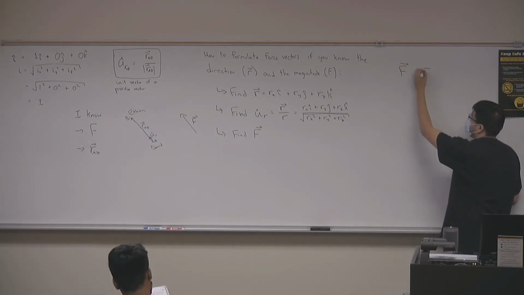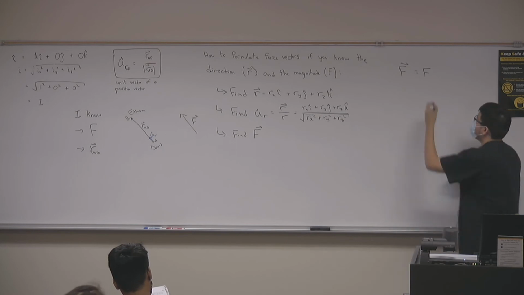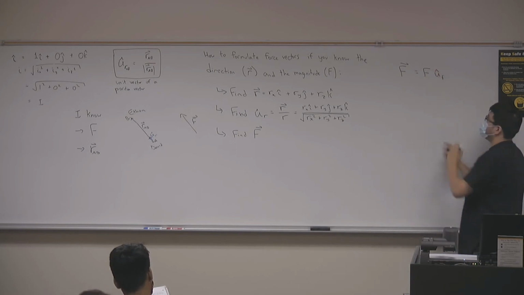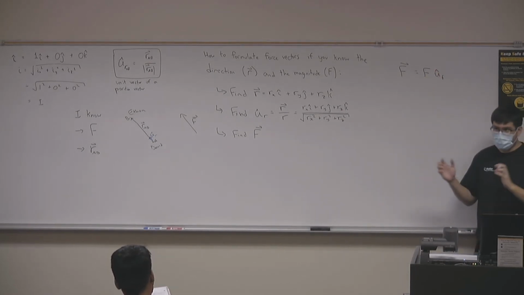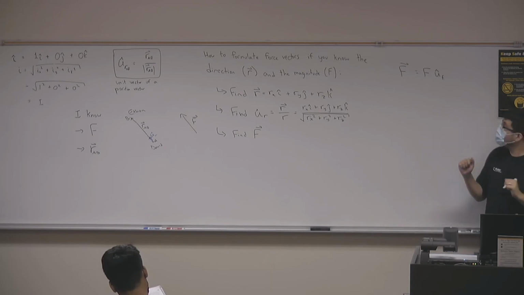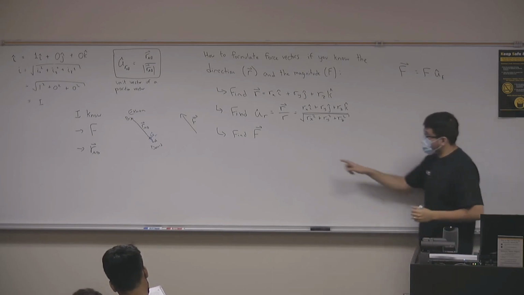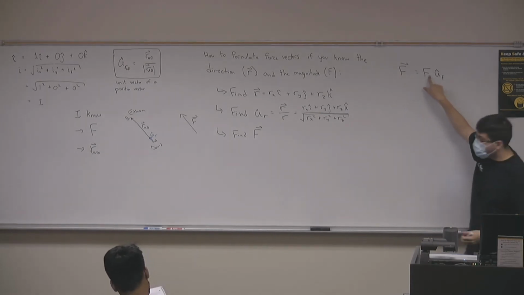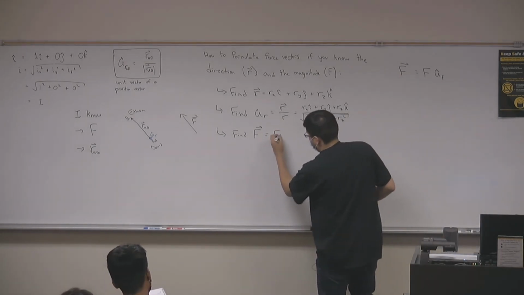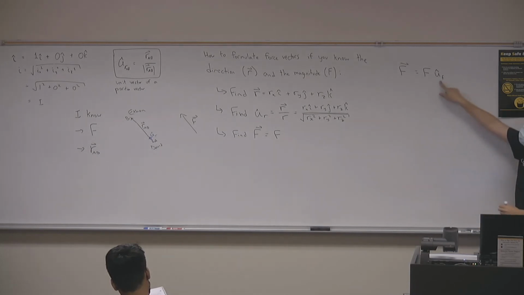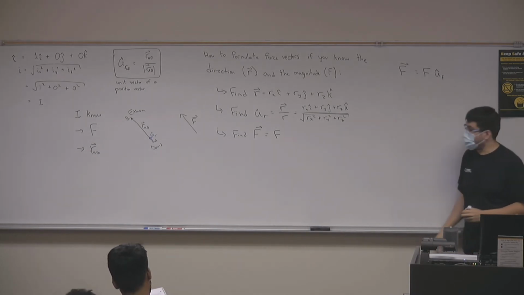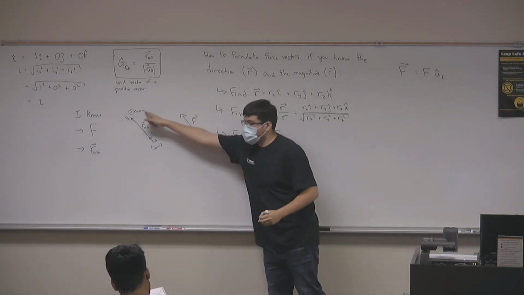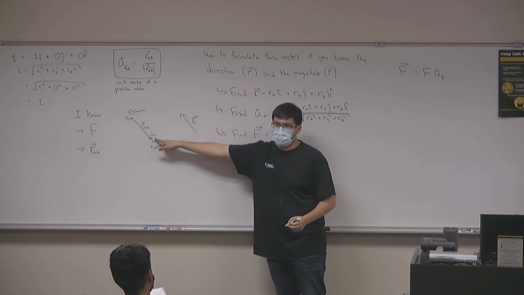Product of a magnitude times a unit vector in the direction of your vector. So I can express my force as the product of a magnitude, that's my f value that I already know, times a unit vector in the direction of that force. And what is the unit vector in the direction of my force? It's just my UR.